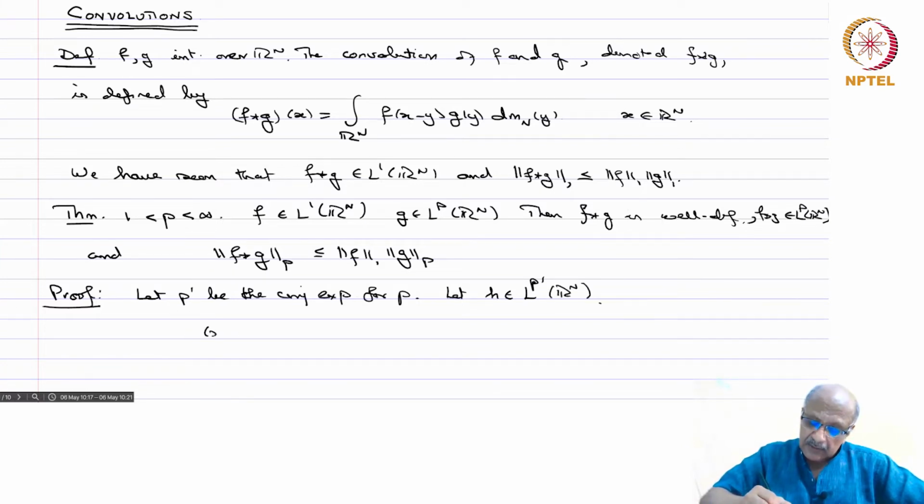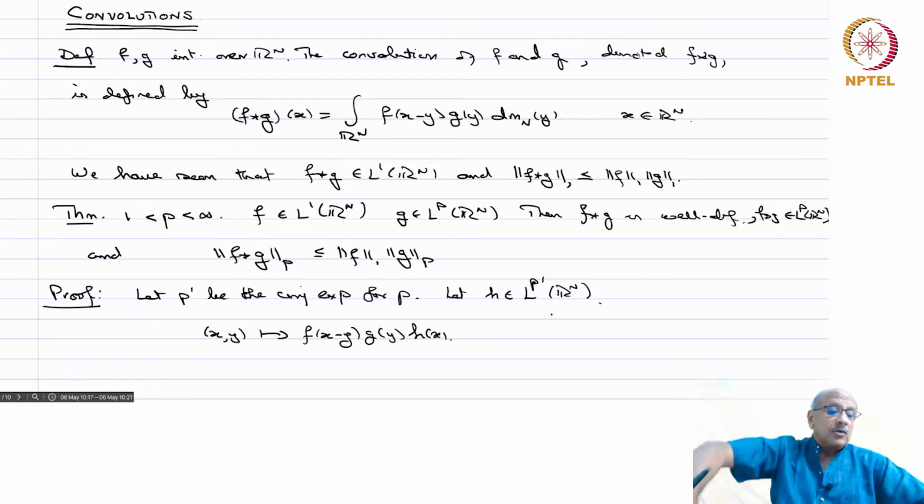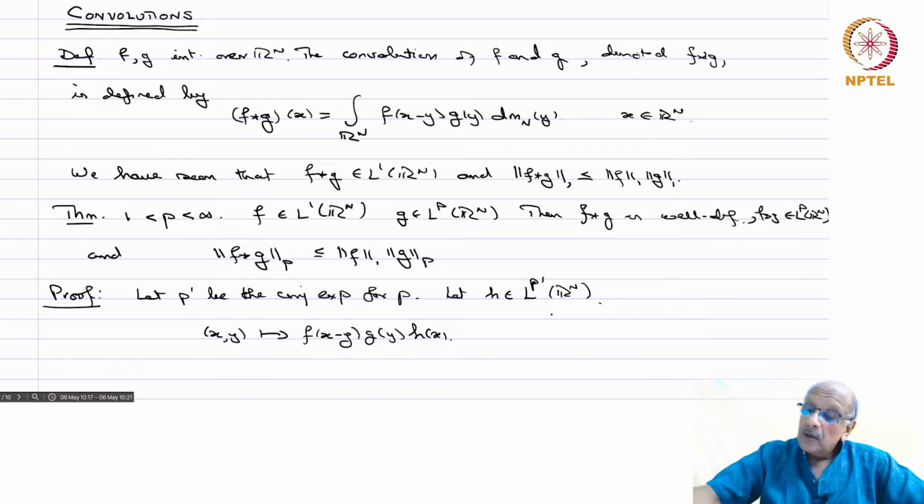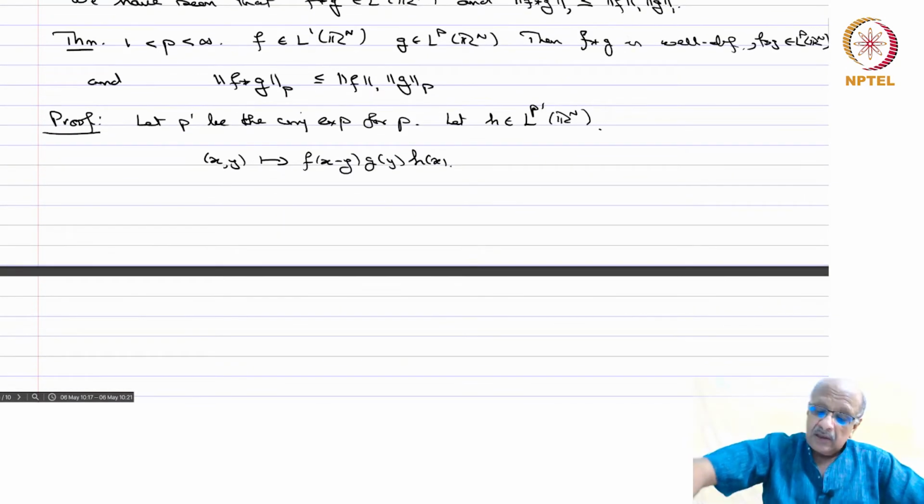Now consider the map (x,y) going to f(x minus y) g(y) h(x). We are going to use Fubini's theorem, the translation invariance of the Lebesgue measure, and Hölder's inequality. All of these results we are going to use.